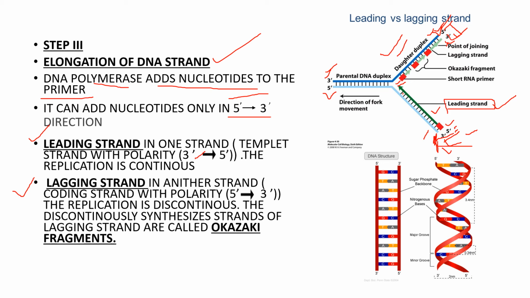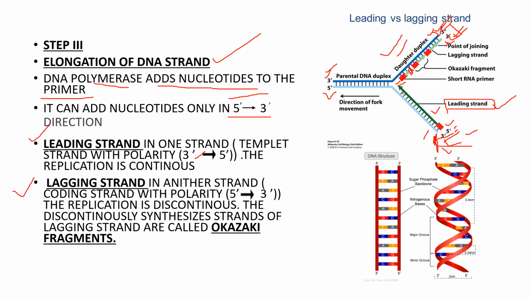Why? Because here the newly synthesized strand has 3' to 5' polarity, and the addition of nucleotides is very difficult for the DNA polymerase here. For that, a small RNA primer will be synthesized and then newly synthesized strands will be added. And next, new nucleotides will be added here.